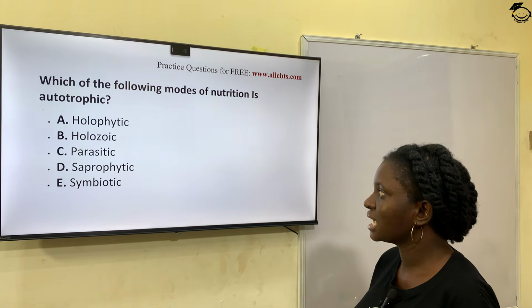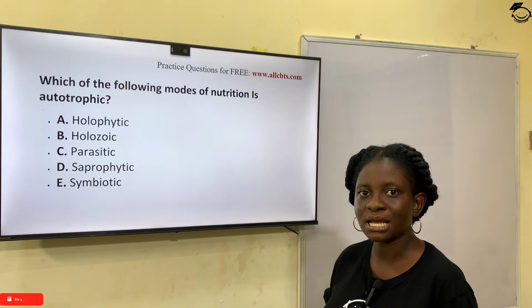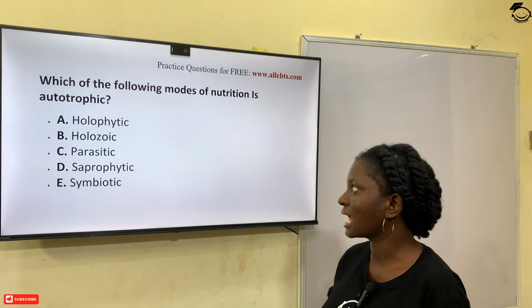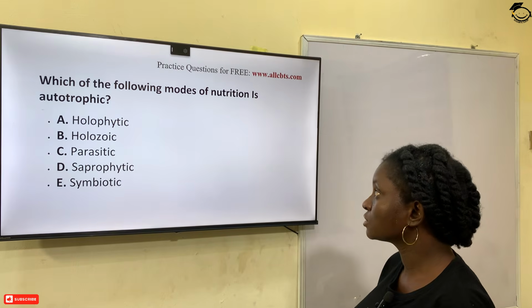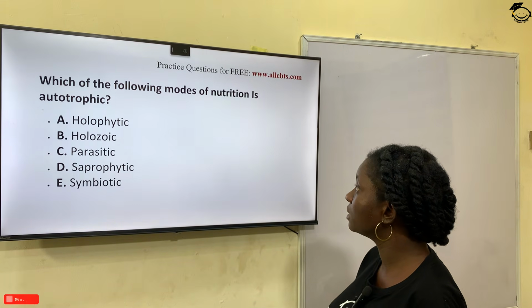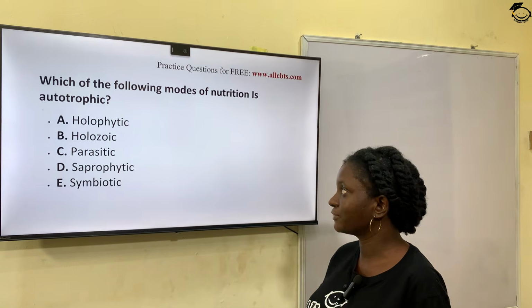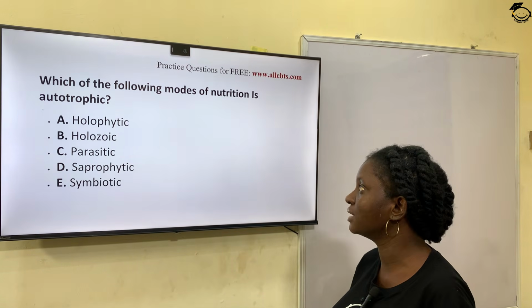The correct answer is holophytic, for example plants, while the other options are heterotrophic. So the only mode of nutrition that is autotrophic is holophytic. Option A is the correct answer.